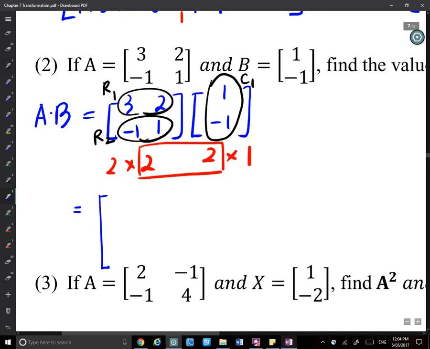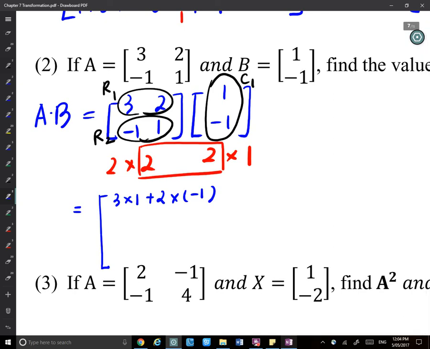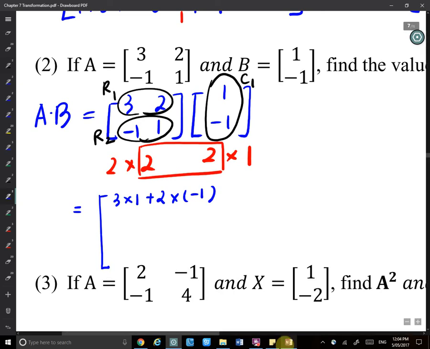So I will have 3 times 1 plus 2 times negative 1. The first number times the first, second number times second, and add them. For the second, it's row 2 times column 1. You will have row 2 column 1. So just enter that. It's minus 1 times 1 plus 1 times negative 1.